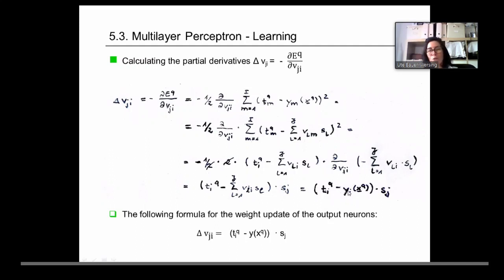So this is the output value of neuron i given input pattern xq. We have the difference to the target value, so t_iq minus y_i of xq, times the output of the j-th neuron in the hidden layer.